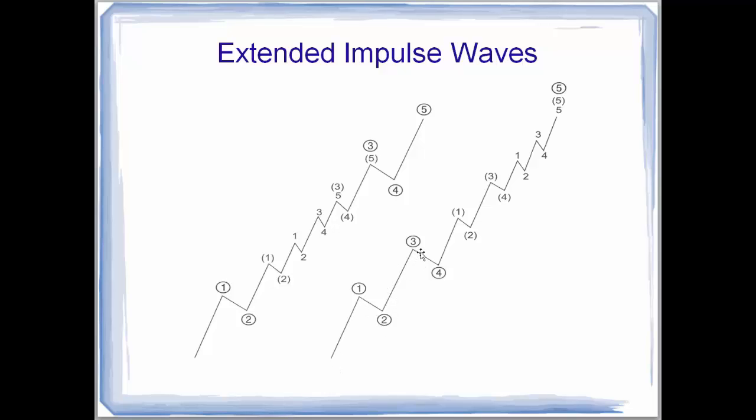It's got to be at least a little longer, or equal to. Cannot be the shortest of 1, 3, and 5 ever in a standard impulse. And then within the wave 5 is where you get your extension. 1, 2, 3, 4, and then 1, 2, 3, 4, 5.